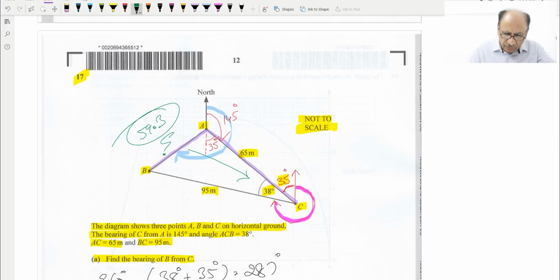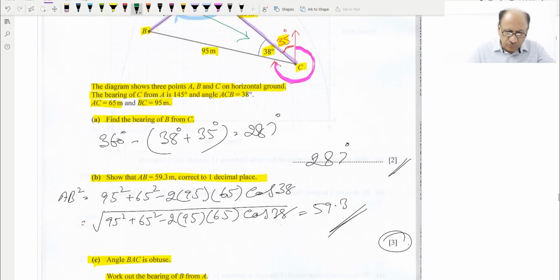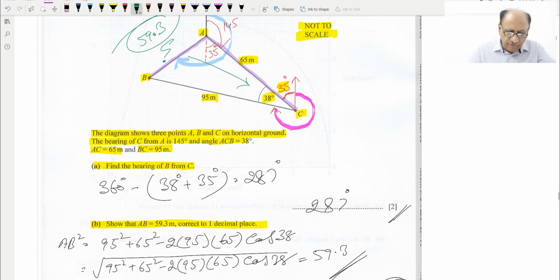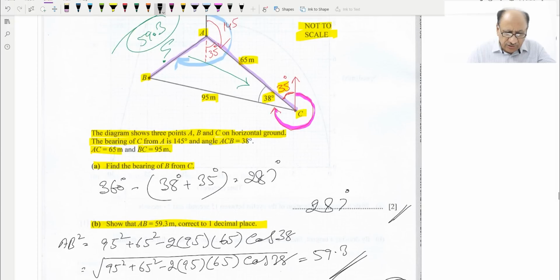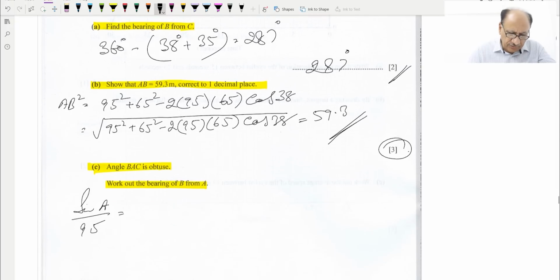So everything is suitable for the sine rule. We can write sine of A over the opposite side, which is 95, is equal to sine of 38 over 59.3.